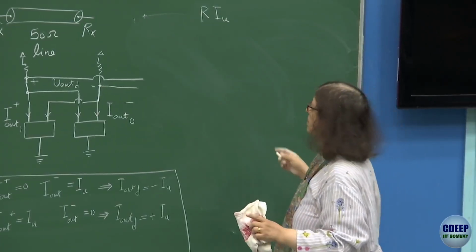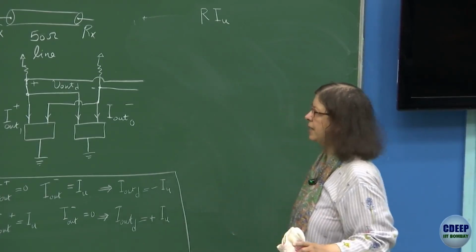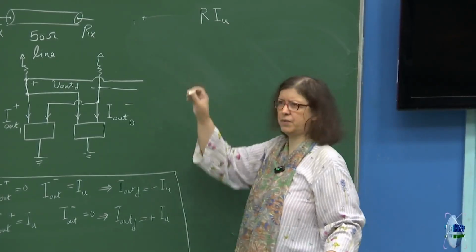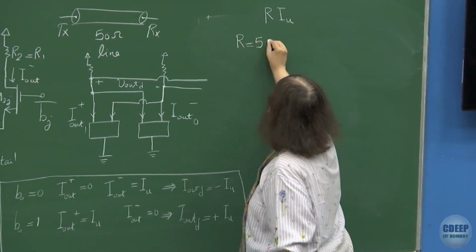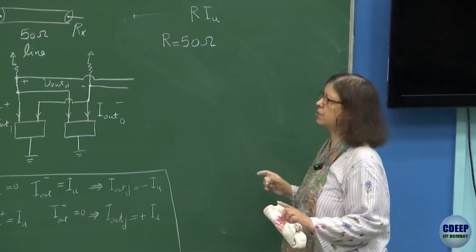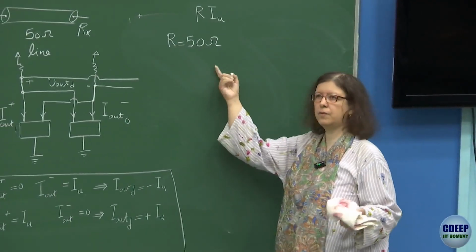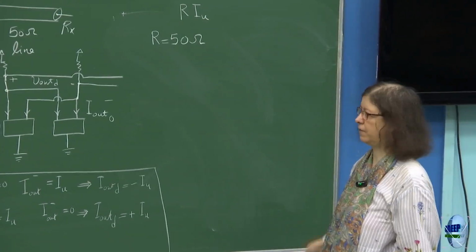We cannot make it too small. If I want to make it small, we have to reduce IU or we have to reduce R. Let's say R is given to us as 50 ohm. We don't have any choice. So R is 50 ohm. Usually, I told you this is not so straightforward to choose, but even if you choose, you will be around these value ranges, hundreds of ohm, not really very high.